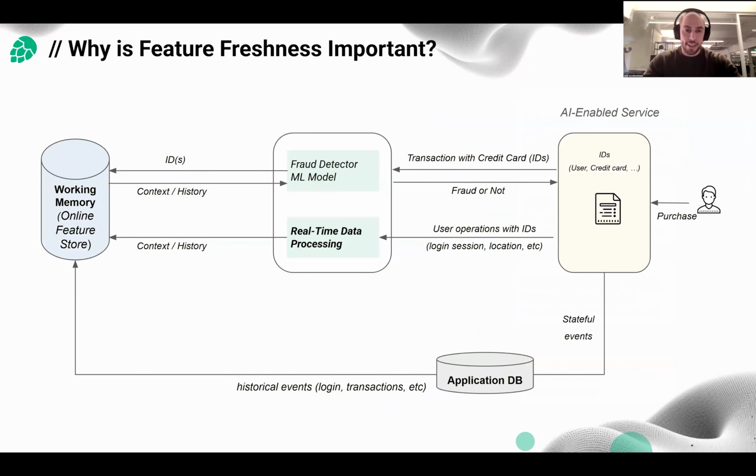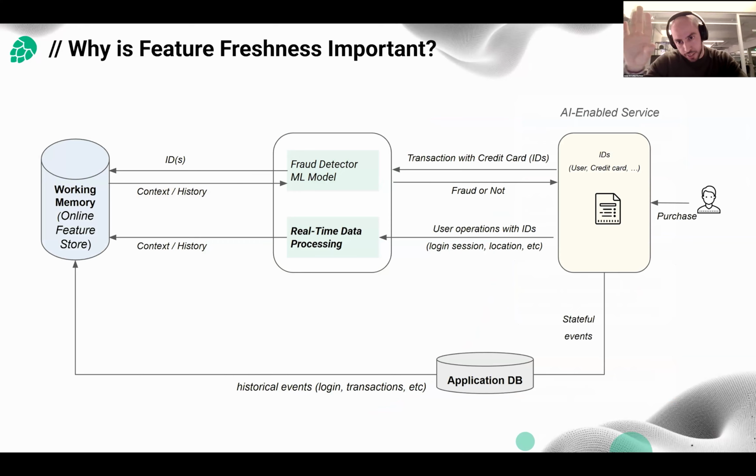If we are talking about feature freshness, we need to be clear about why it is actually important. For example, take the use case of detecting fraud from credit card transactions.